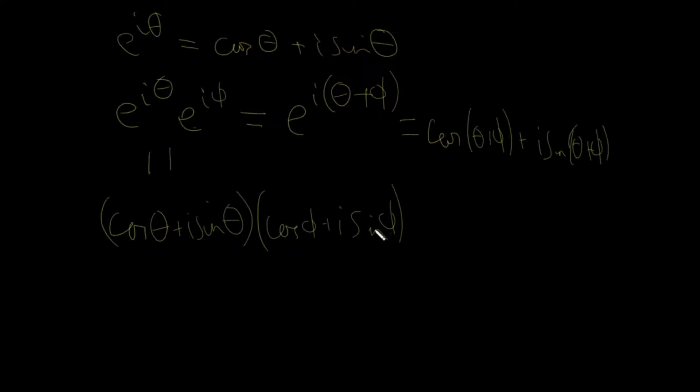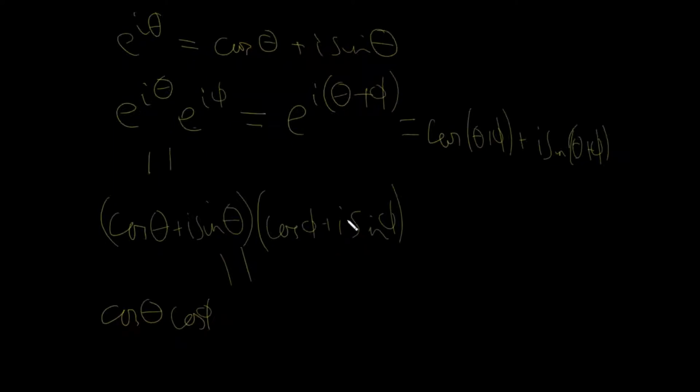We can multiply these brackets out just using high school FOIL, so that will be cosine theta times cosine phi. Cosine theta times I sine phi will have an I factor in it, so we'll leave that for now. We'll just do the last term, so that's I sine theta times I sine phi.